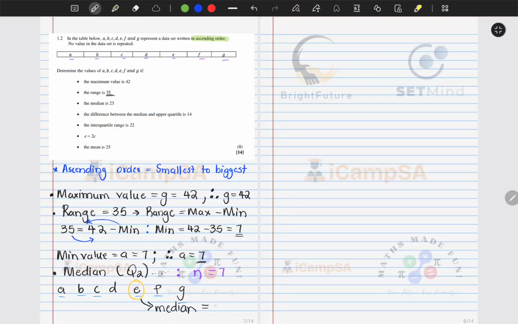And we are told that the median is 23. So E, therefore, is 23.